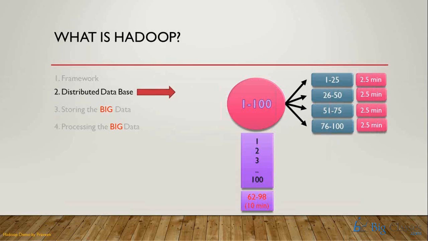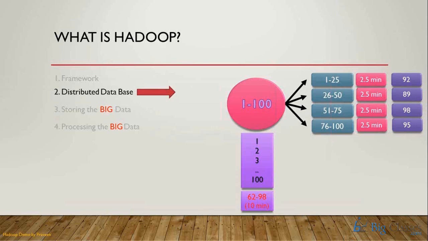So the thing is, in the first scenario, we get the ultimate output directly. But here, 4 people are processing 4 different sets of records, so they might get 4 different outputs. For records 1 to 25, they might get 92 as the maximum score. 26 to 50, 89 is the maximum. 51 to 75, 98 is the maximum.